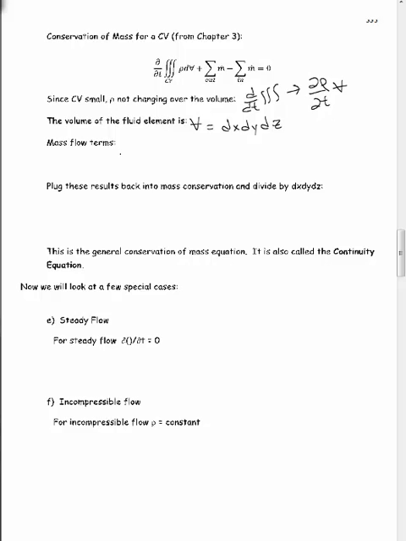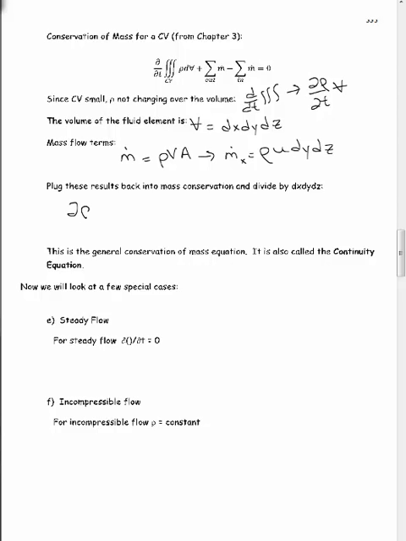All right, and we also know that our equation for m dot is rho times V times A, where V is velocity. So our m dot x is going to be rho times u times our A, which is dy dz, like I said before. Okay, so take that, plug it into our outs and our ins, and also with that key that I wrote on the previous page, and I'm not going to go through all those steps, but plug that in and divide by dx dy dz.